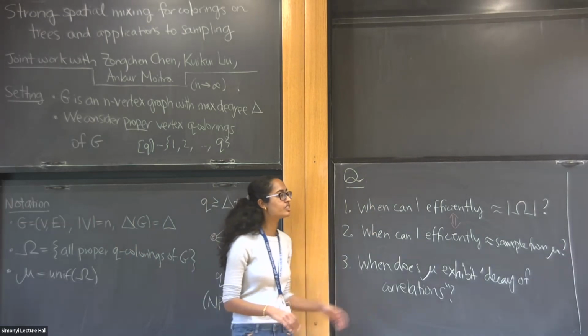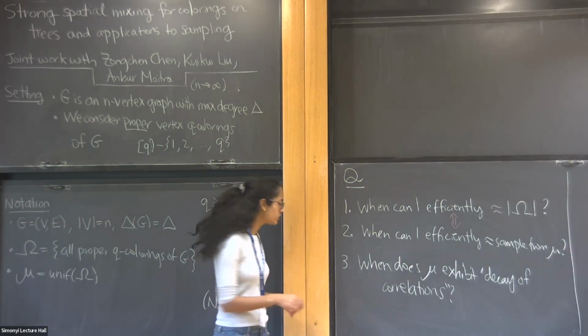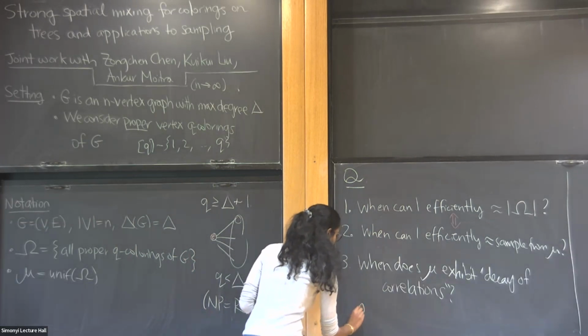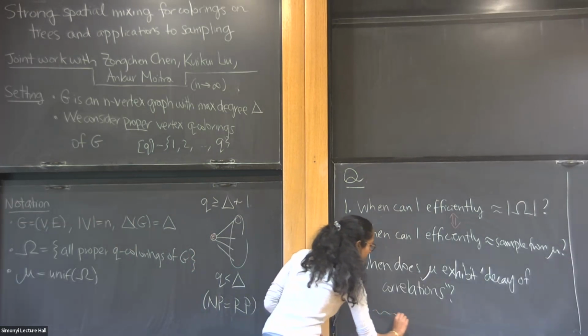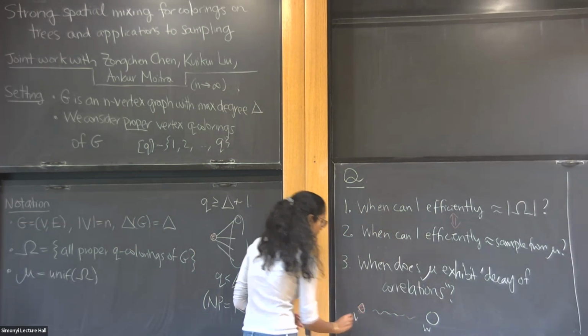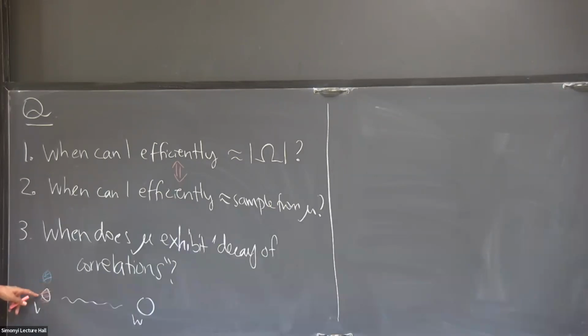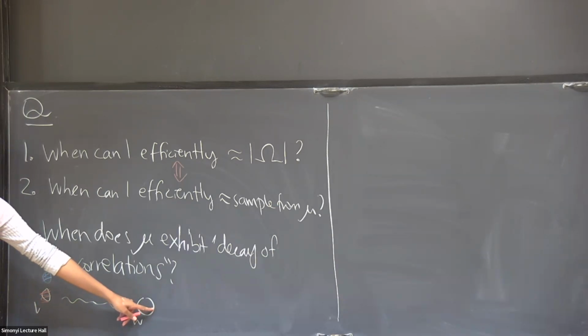But decay of correlations is saying that hopefully something approximately like this is true, which is that if I take some vertex V and I look at some really, really far away vertex W, if I color V red or if I color V blue, neither of these has very much effect on the probability that W is any of its possible colors.